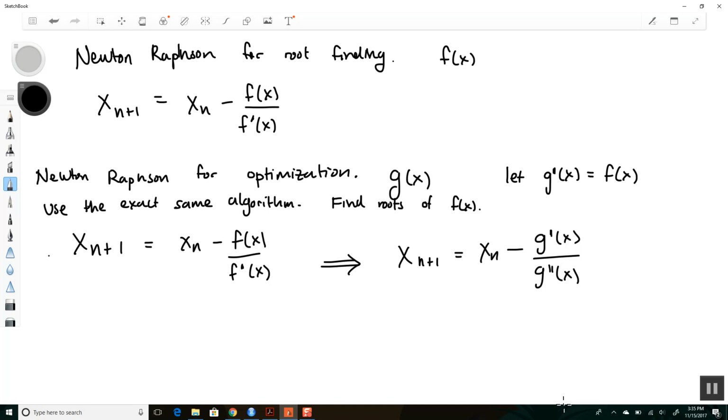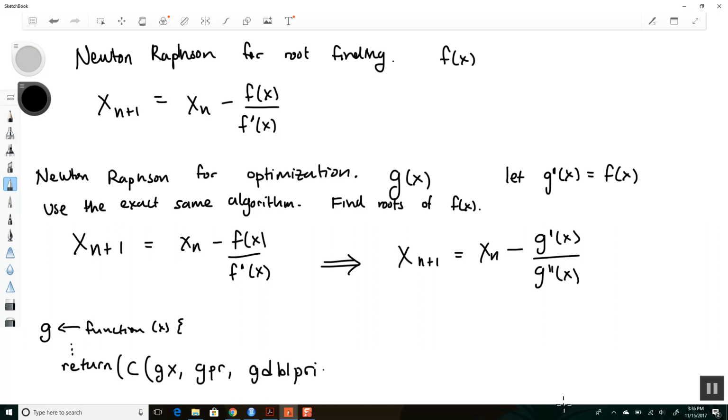Except now the only change is that your function g should return, you have all of these other things, and what it needs to do is return 3 values. It needs to return g of x, g prime, and g double prime. Okay.